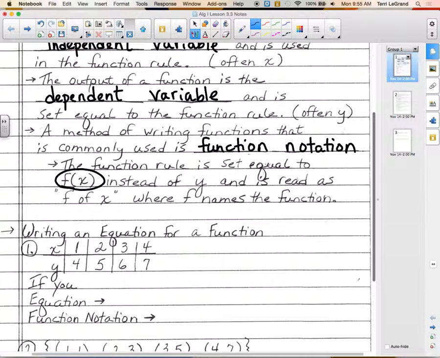That's how you say it, f of x instead of y. So you'll have f of x equals a function rule that has an x involved in it. You won't see a y in the equation. But you have to put together that f of x means the same thing as y. F of x replaces y. They mean the same thing, okay?